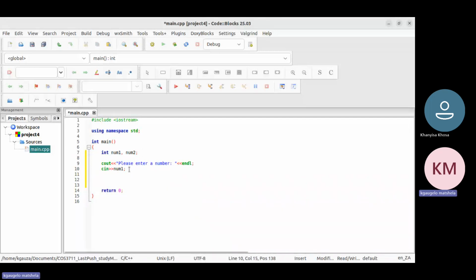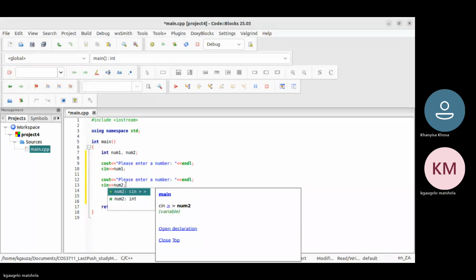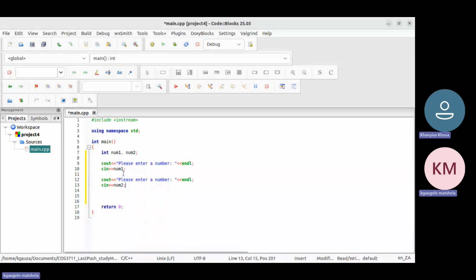Since we are not that comfortable with some of the other stuff, I won't do much of the shortcut where I ask the user to enter the two numbers here, then read in num1 and num2. Especially when we are still learning, you can also make them separate.